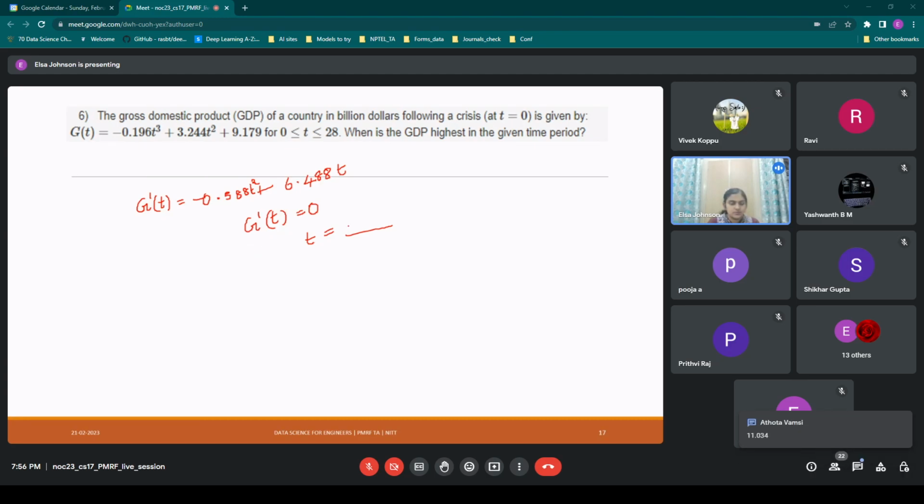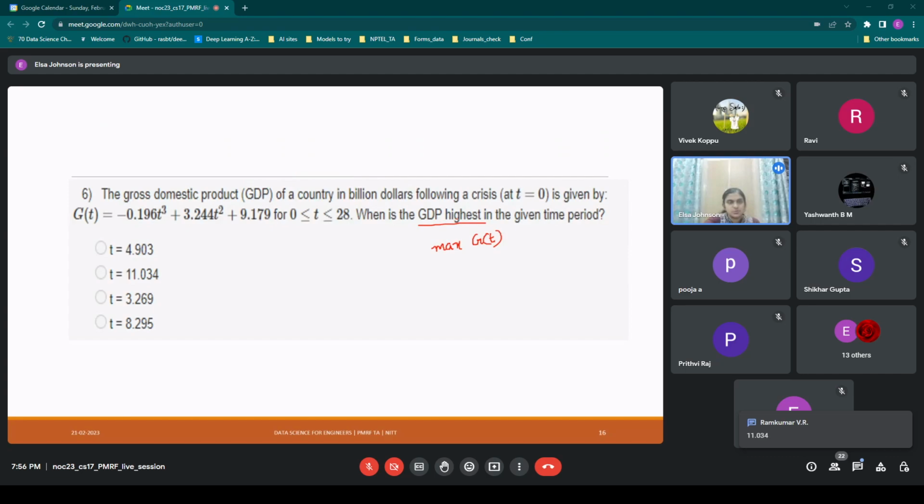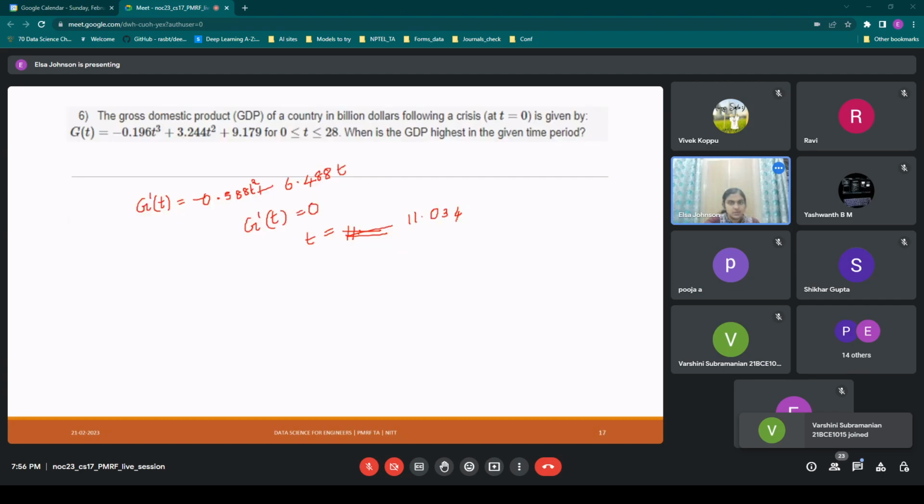Yes, that is right, Vamshi. We'll be getting 11.034. Okay, that is coming in our option. But wait, we have got only one value. We have to check whether it is the maximum value, so we have to see g double dash of t. g double dash of t will be 0.588 into 2, which is minus 1.176 t plus 6.488.